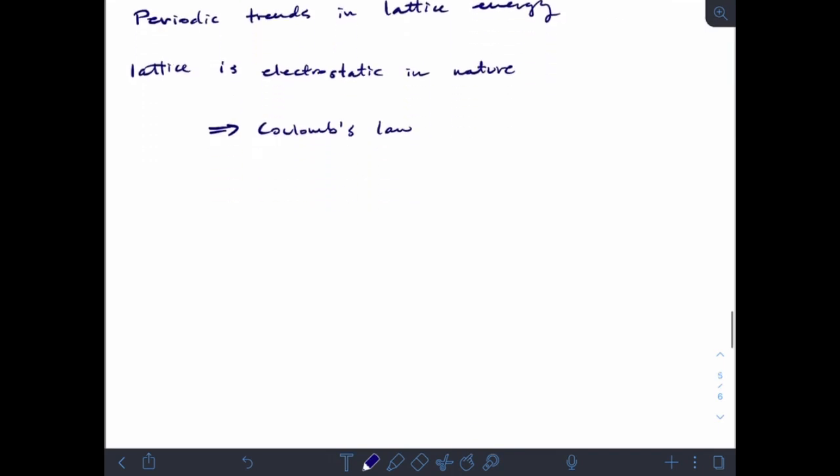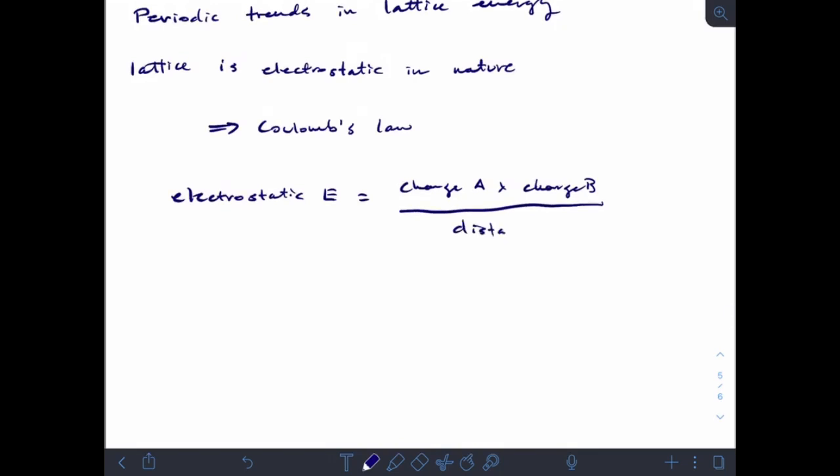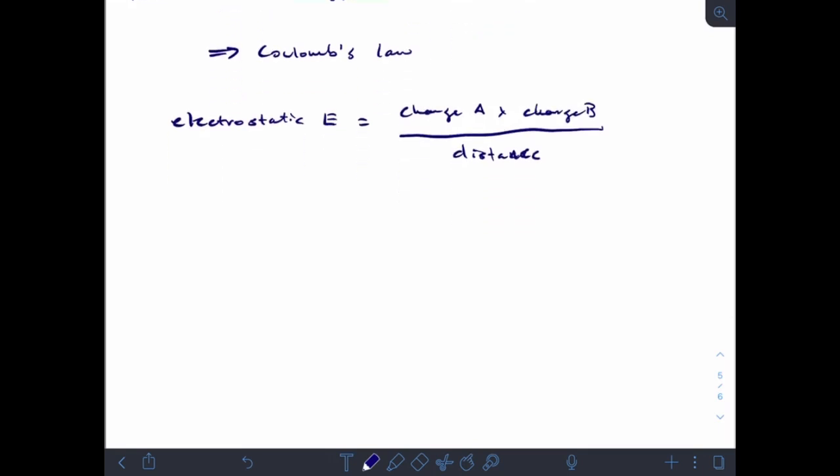With Coulomb's law, the electrostatic energy is related to the charge of component A times the charge of component B divided by the distance between them. So if lattice energy is basically electrostatic energy, we can say the lattice energy is proportional to Coulomb's law.